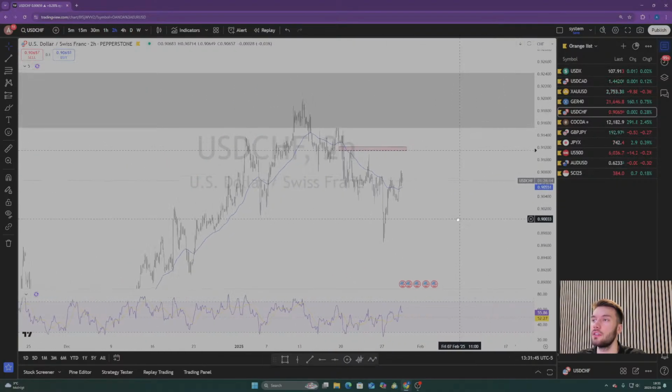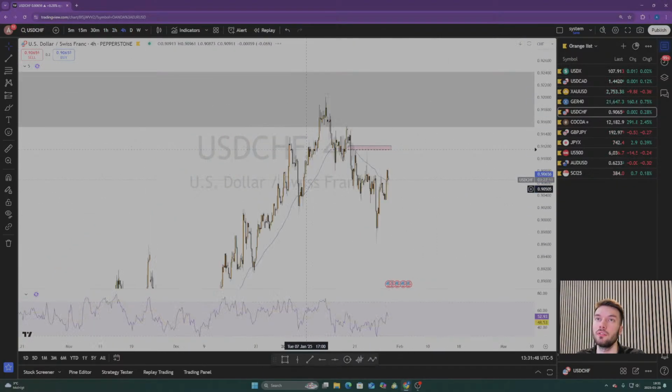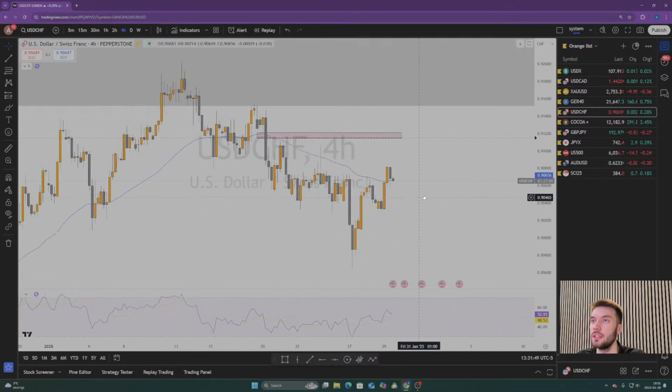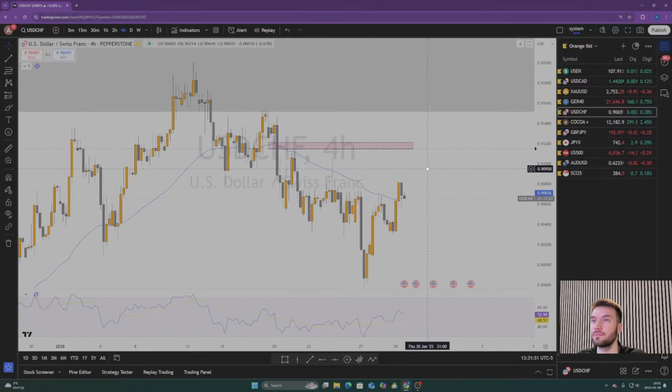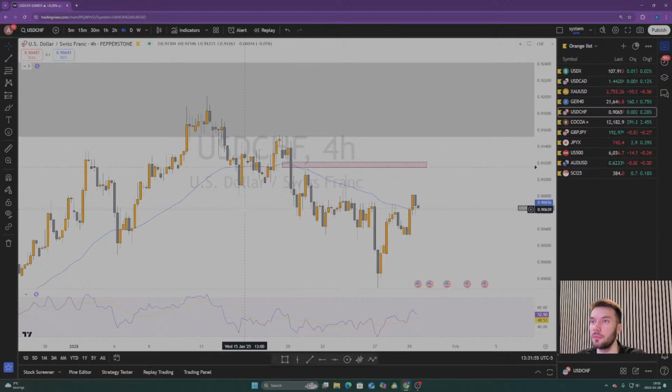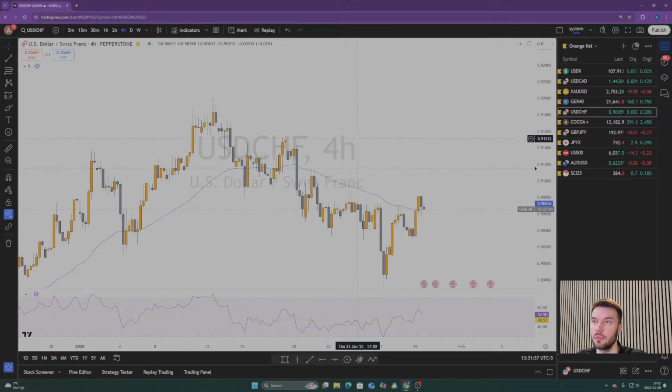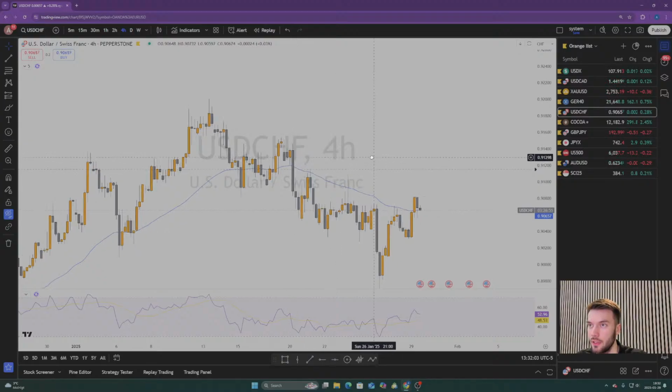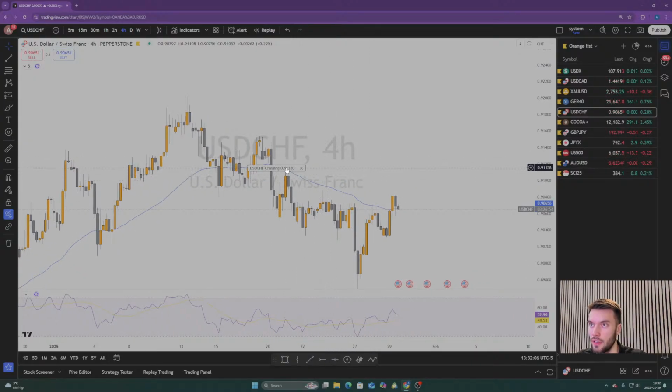USD CHF, I marked one interesting zone here. It's on the 4 hour. It's like a fair value gap type of move. We take away this. See this little zone here between this low and this high. We even have two kind of equal highs here.